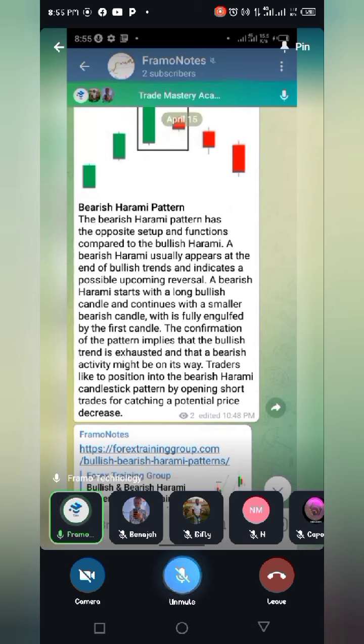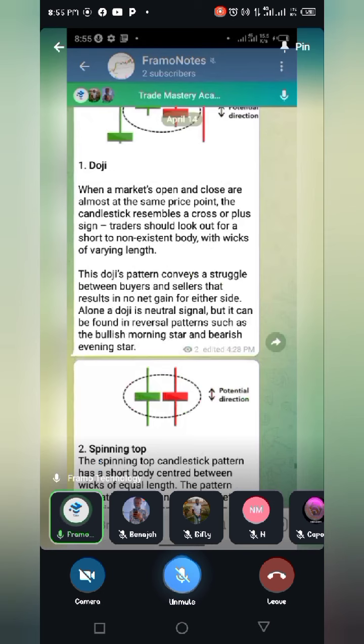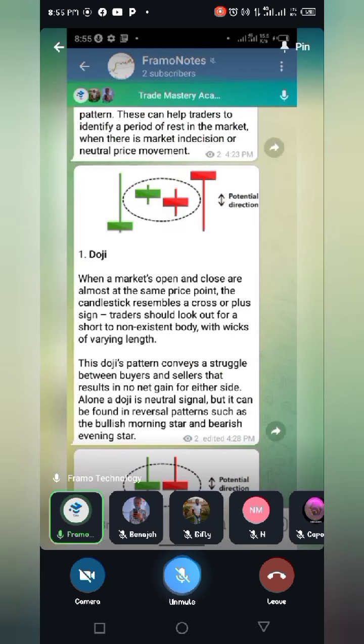Okay, so from there you go to the continuation patterns. They are patterns that form and they never change the trend. They rather serve as a resting place for the market to rest and continue the trend.